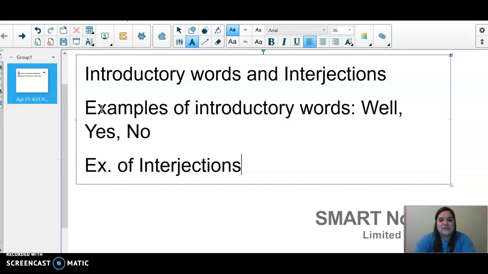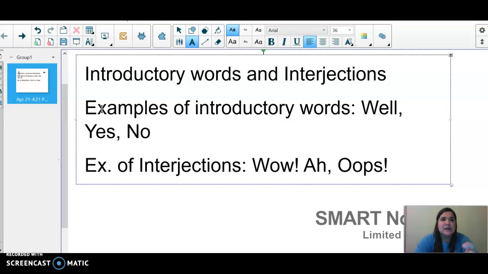So interjections are a lot like introductory words, that they're separated from the rest of your sentence, but the difference is that interjections are sort of like emotional reactions to what you're about to say. So it might be like, wow, the sky is so blue today, or the breeze feels so nice, or oops, I accidentally spilled the milk.